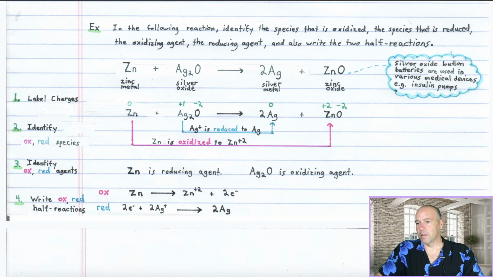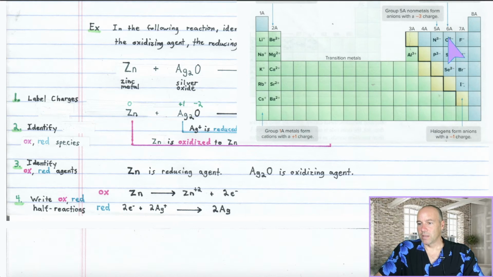So I'll remind you that oxygen always likes to form -2 anions. Oxygen's in the -2 column. So when you see an ionic compound, metal and nonmetal, the oxygen's going to be -2 anions.